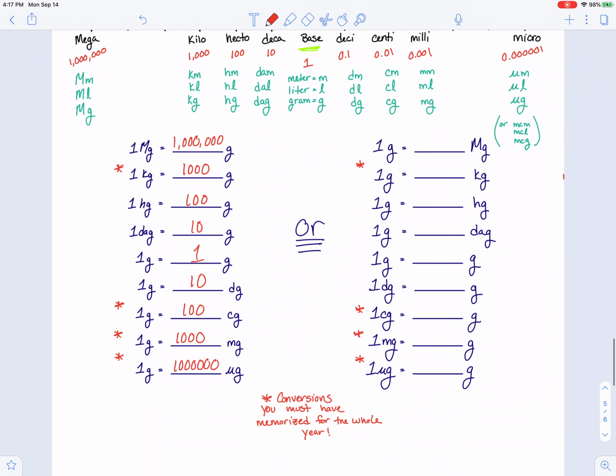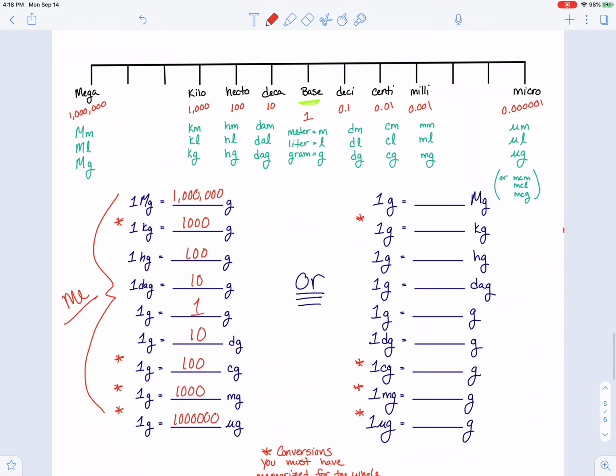Some people like to look at it like this, and by some people I mean me. This is my preferred way of thinking about my conversion factors because I like big whole numbers. Some people don't mind thinking about things as fractions of stuff. So because a megagram is huge, 1 gram is only a millionth of a megagram.